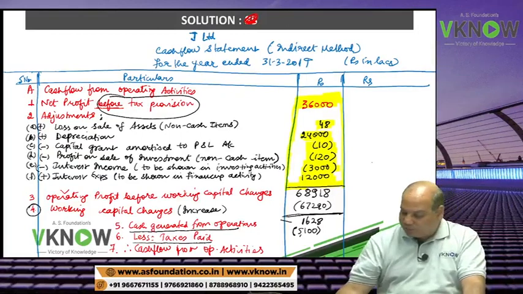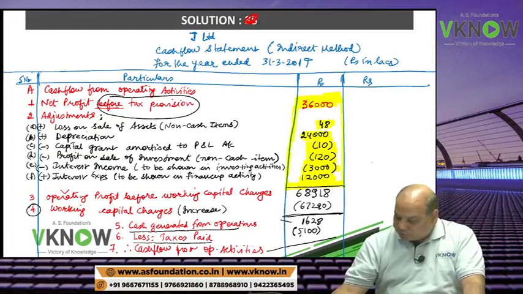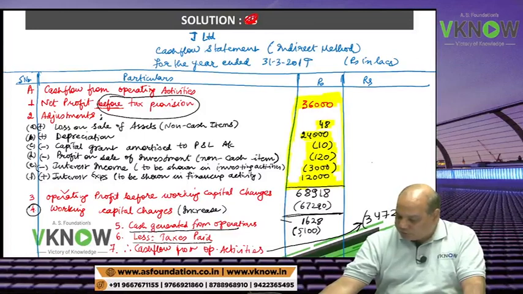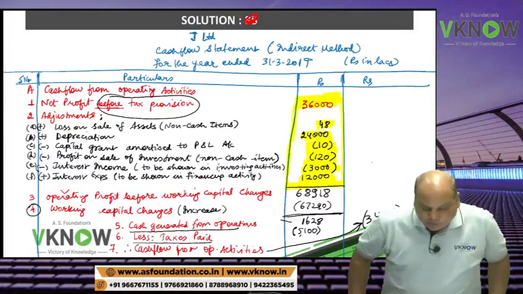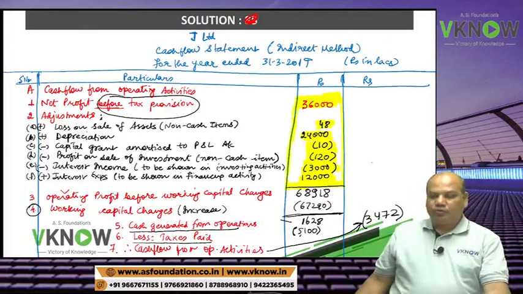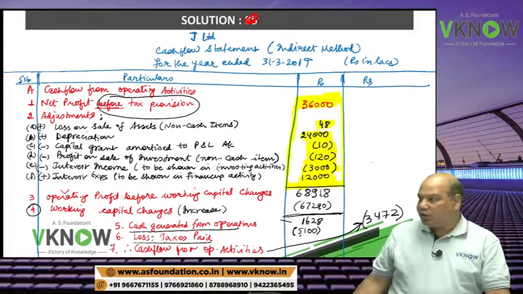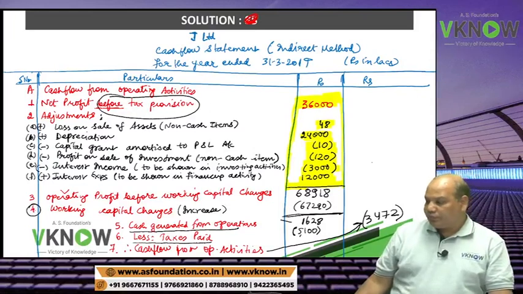So this will give me cash flow from operating activity in the outer column: 3,472 in bracket. Check. Cash flow from operating activity. This is the answer I am getting, 3,472.